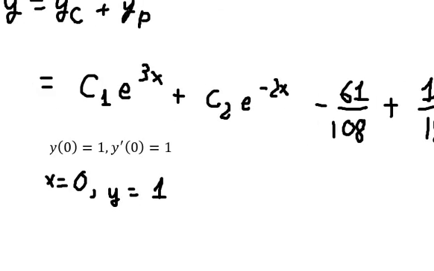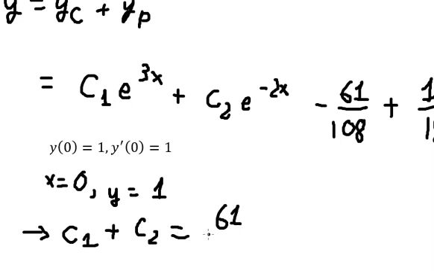So if we simplify it, we have only c1 plus c2 equals 61 over 108 plus 1, because we put negative 61 over 108 on the left and it goes to the right.